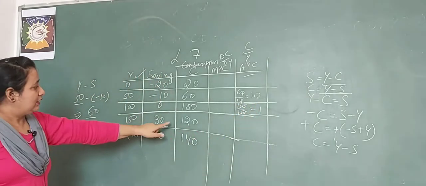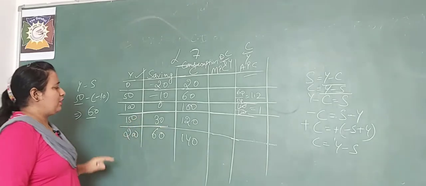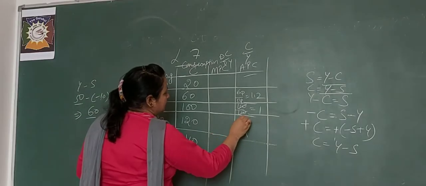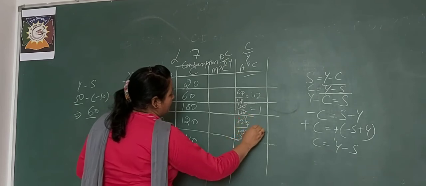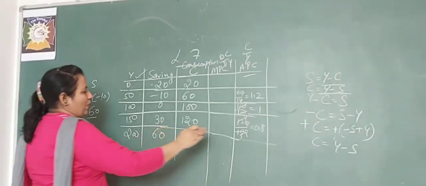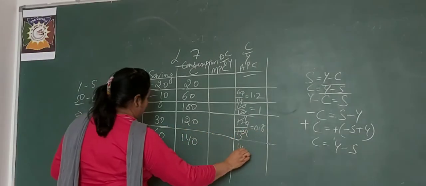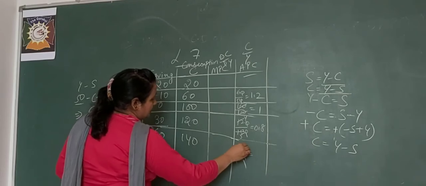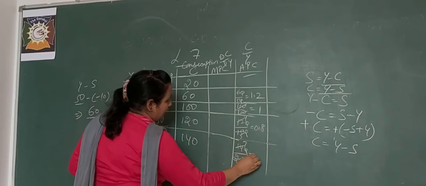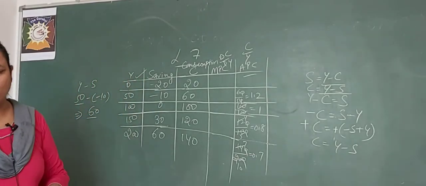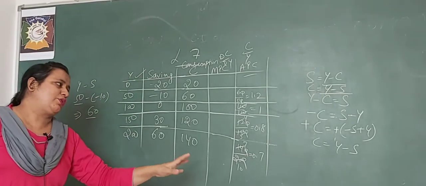Next 120 upon 150, that is 0.8. Next 140 upon 200, that is 0.7. You will see the value of APC, that is 1.2, 1, 0.8 and 0.7.